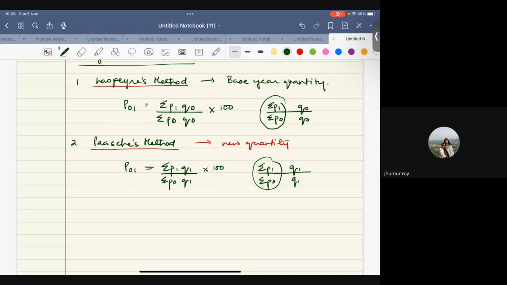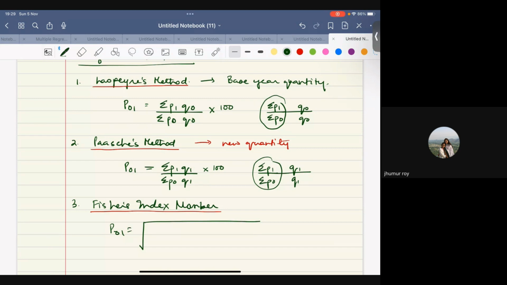Easy to follow? Now, the most important formula is called Fisher's index number. Fisher's index number is basically taken as P01 and we take the under root. But we take both of these, meaning you include Laspeyres into Paasche's method, both methods.